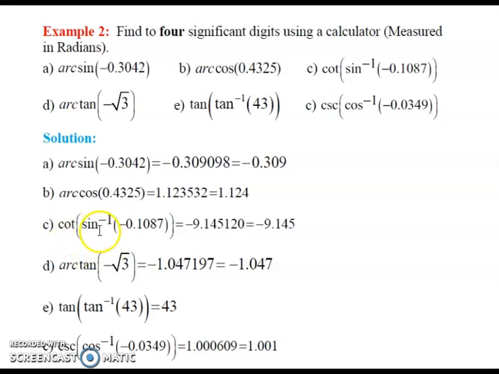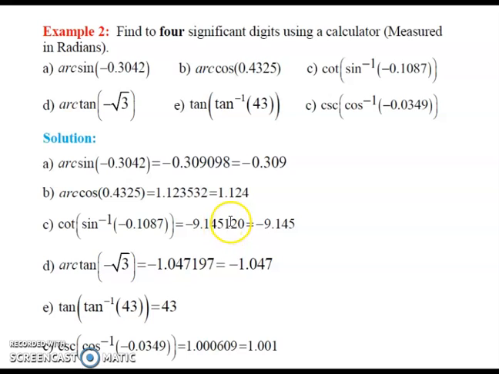Cotangent of sine inverse of minus 0.1087 gives the value minus 9.145120. We consider 4 significant digits, so minus 9.145.